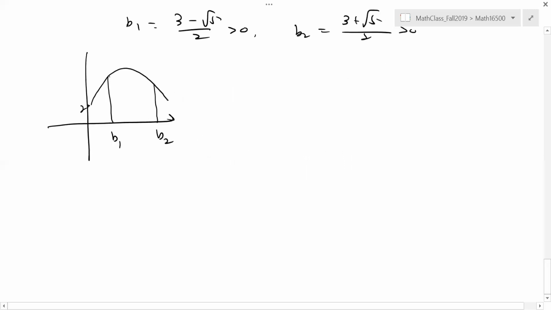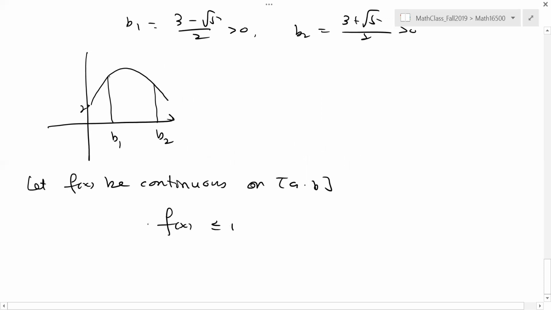All right, now we take a look at a continuous function, right? So let f of x be continuous on some interval. So it has a maximum value and a minimum value.